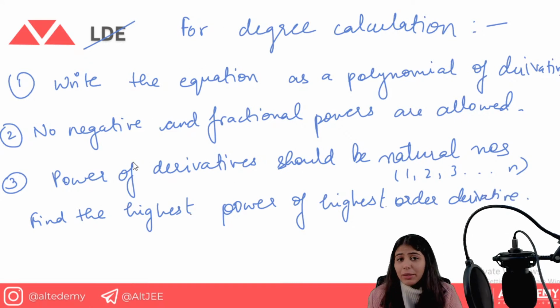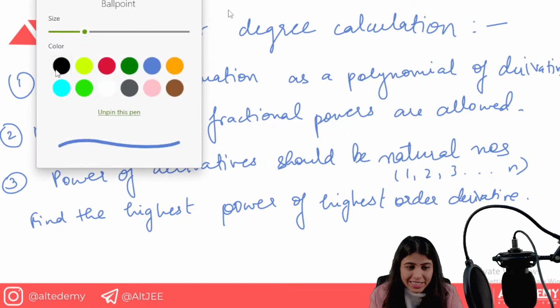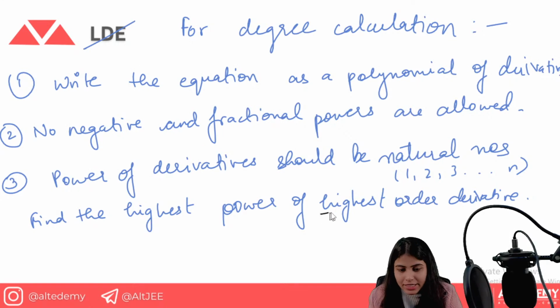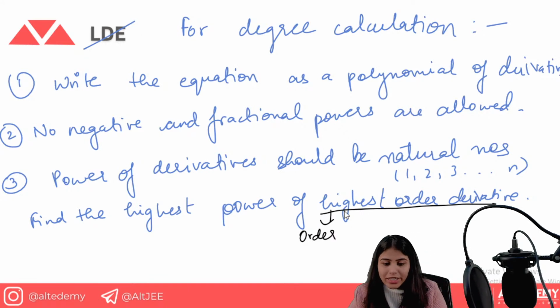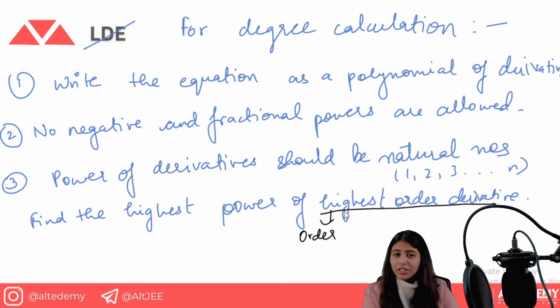And if you are not able to write it in the form of a polynomial equation, then the degree is not defined. So again, in an easy way: the highest order derivative gives the order of the equation. Now the power of the highest order derivative is the degree.